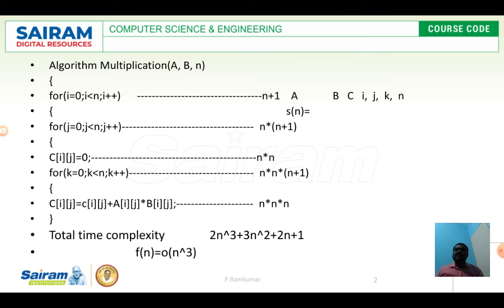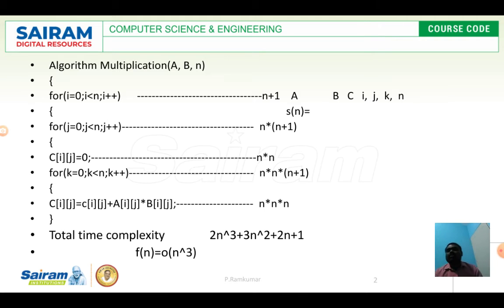So whatever statement comes under this for loop will be executed n number of times. But this loop condition will be executed n plus 1 number of times. j less than n is true n times, and one more check is made for the false case. So until it becomes false, it keeps executing, and that also will be considered. Then the computational part will also be executed n number of times. So I am multiplying each and every time. C of ij equal to 0 is the computational part, no need to worry about it.